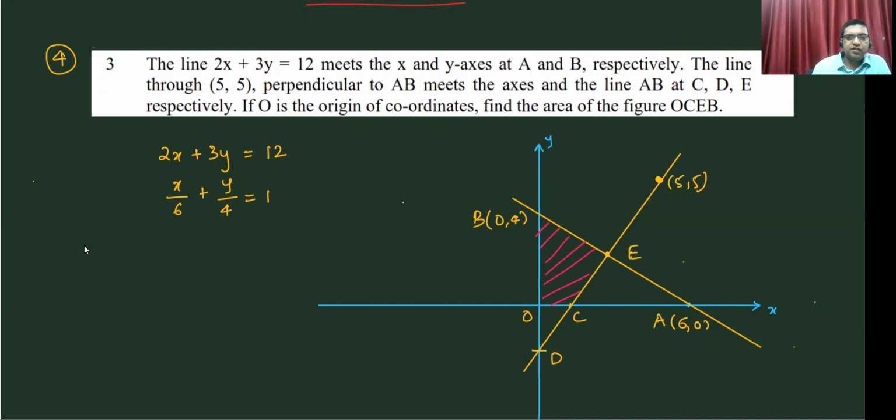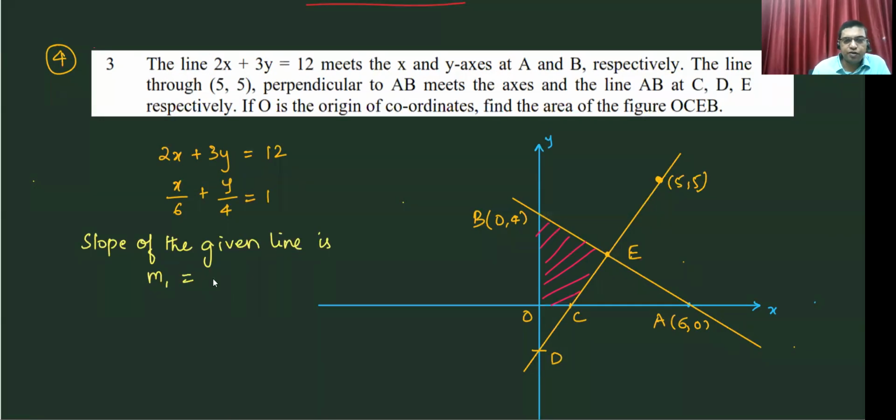Now let us do this. Now, slope of the given line. Slope of the given line is m1 equal to minus coefficient of x by coefficient of y, minus 2 upon 3 is the slope of the given line. All right.